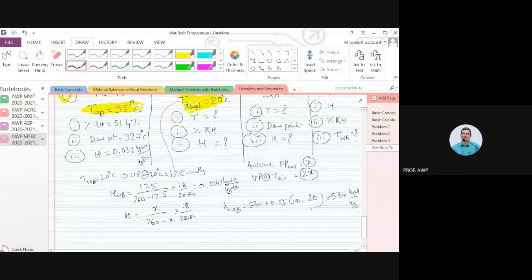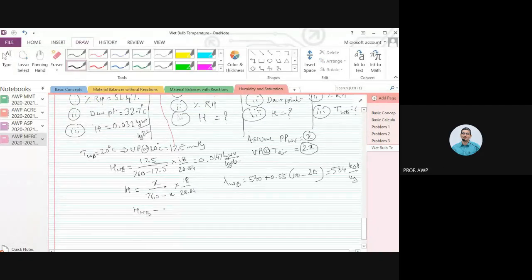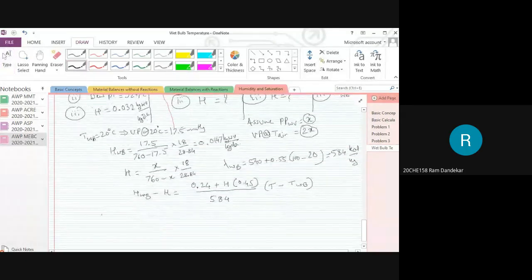Then I substituted everything in the main formula, which is the formula for the wet bulb temperature: Cp of dry air plus H times Cp of water vapor, divided by lambda, into T minus the wet bulb temperature. HWB is 0.0147.